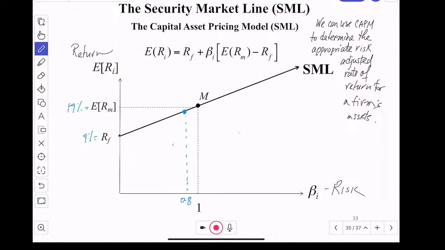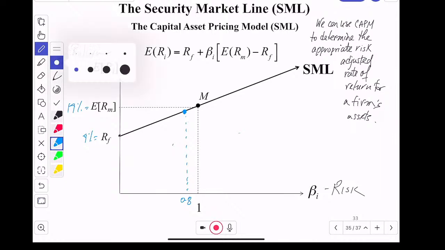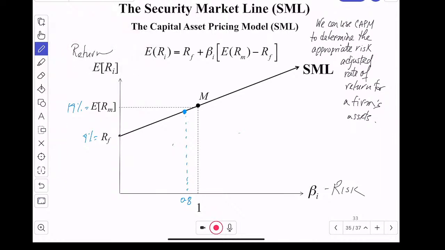Will be here. And its expected return is 12%. So it works. It makes sense. Fits.